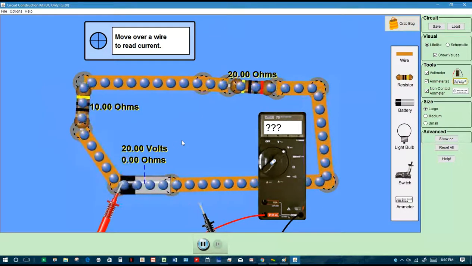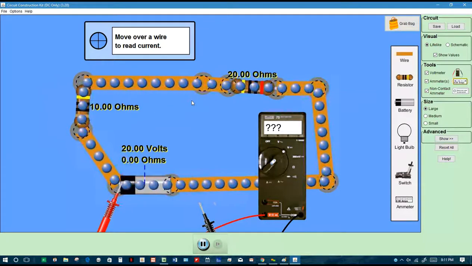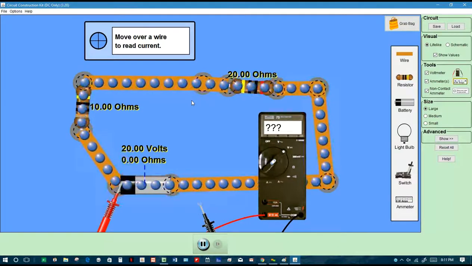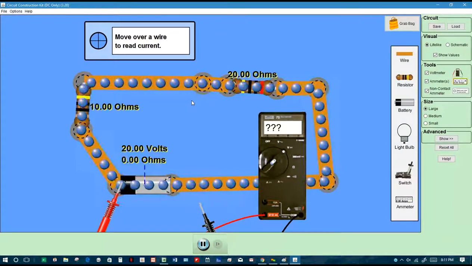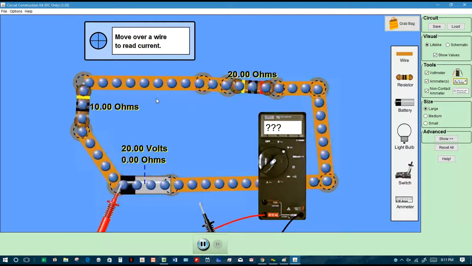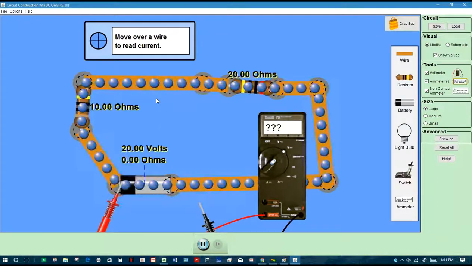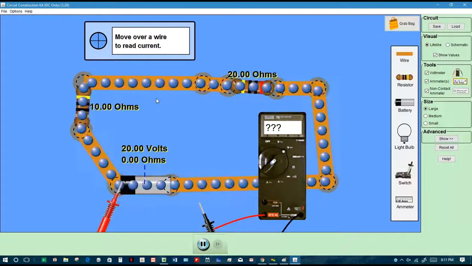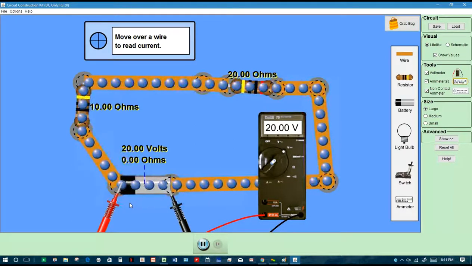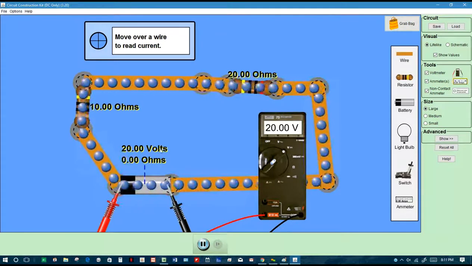So notice we now have 2 resistors in series with each other, one after the next, a 20 ohm and a 10 ohm, and a battery voltage of 20 volts. To answer their question, which is how much voltage is being used on one of the resistors, I have to teach you this idea that is technically known as Kirchhoff's law. I'll write that down in the notes.